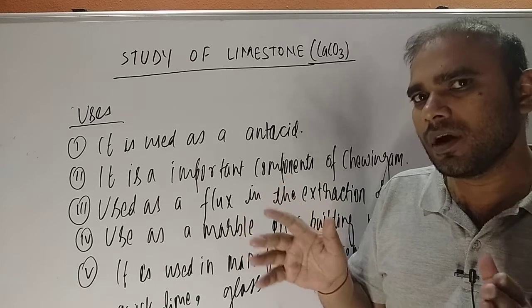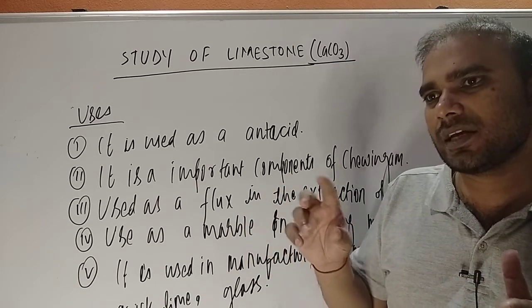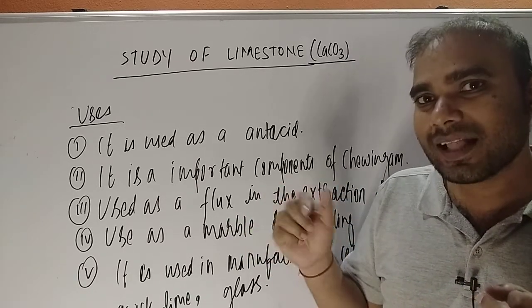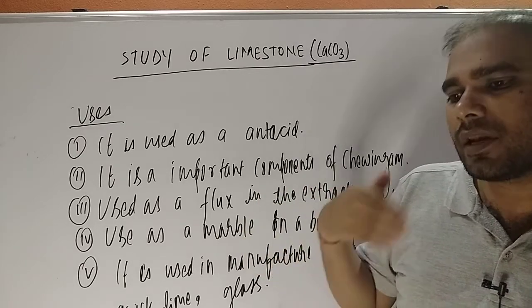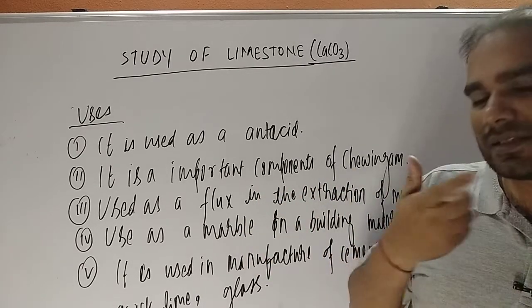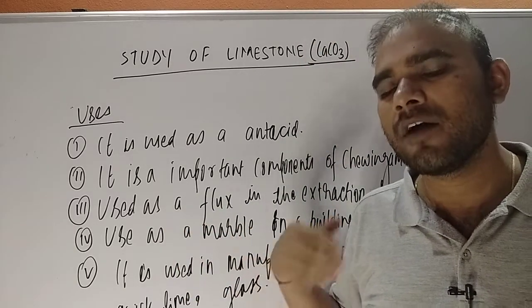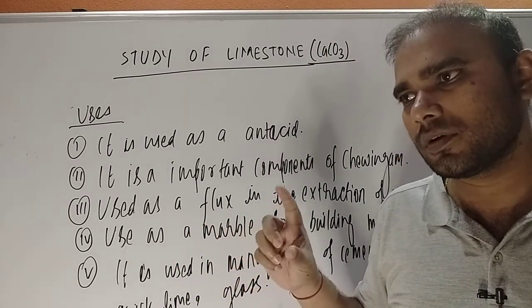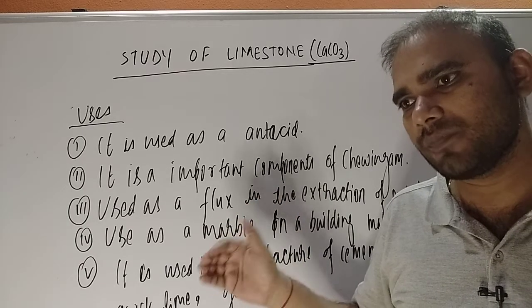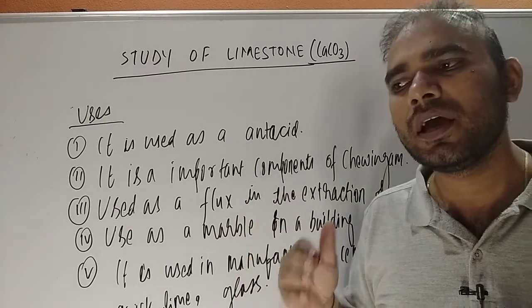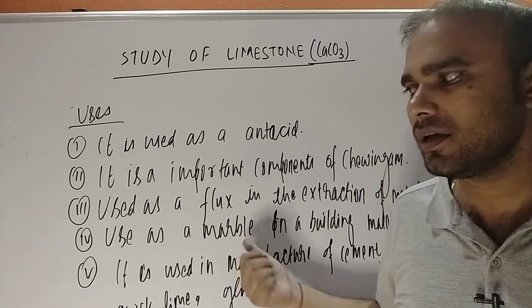It is insoluble, but when you pass excess carbon dioxide, it forms soluble calcium bicarbonate. When reacting with dilute acid, it releases carbon dioxide gas and forms the salt, whether it is sulfuric acid or hydrochloric acid.